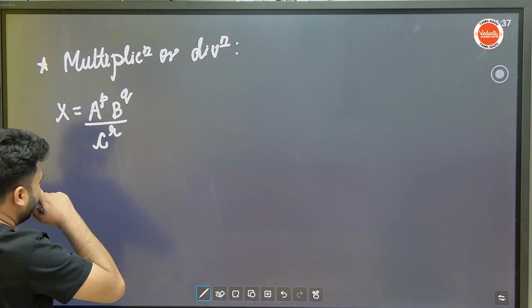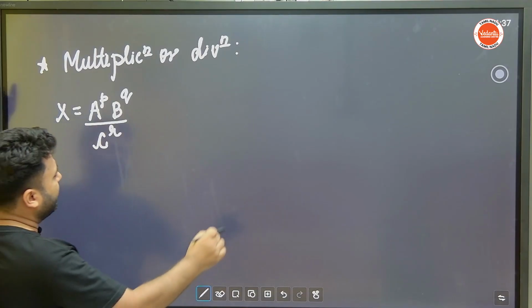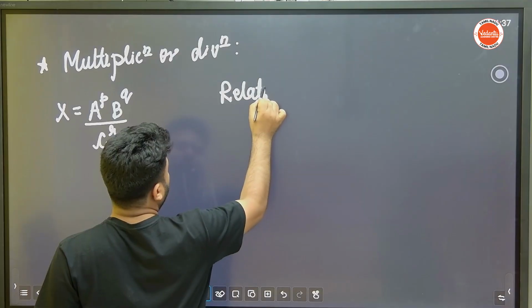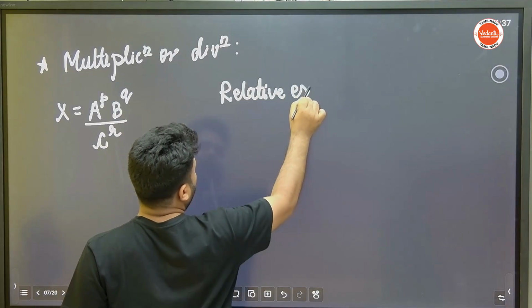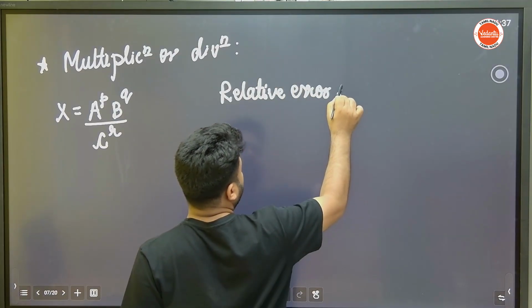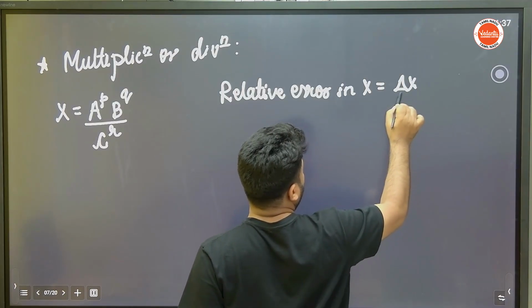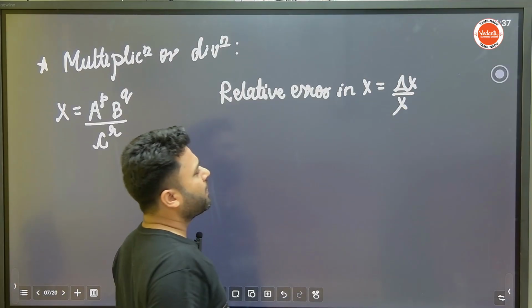So, relative error in x. If someone asks what is the relative error in x, we write delta x by x.